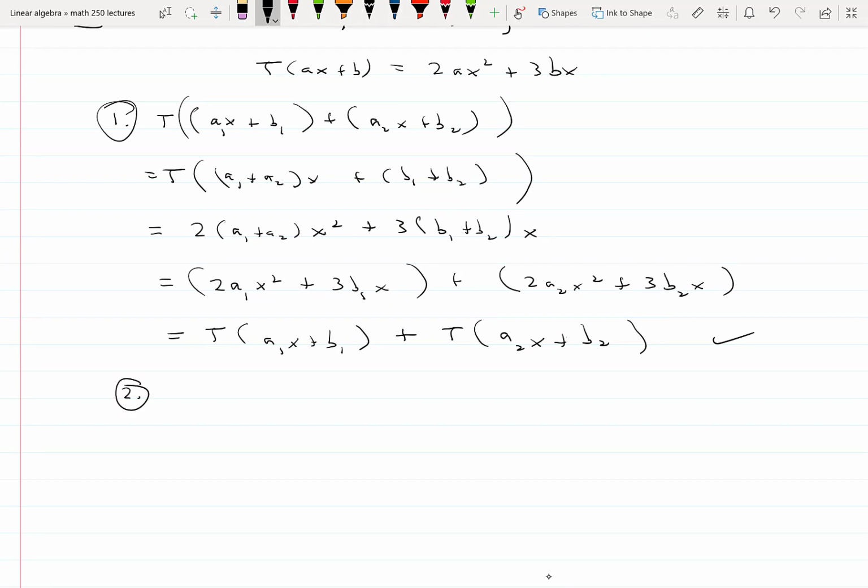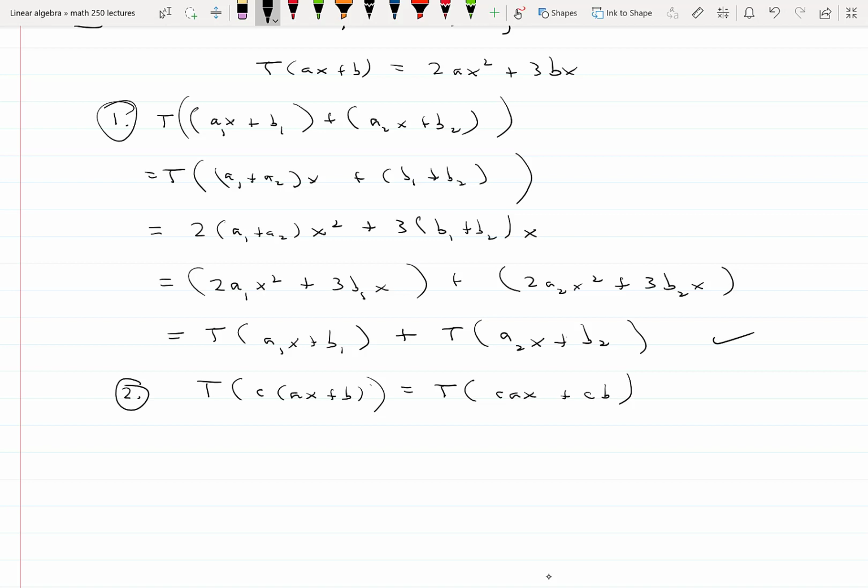So 2. I want to know what T does to CV. C times something in there, ax plus b. You can call it a1x plus b1 or a2x, or just ax plus b, since we're only using one vector. Well, c times ax plus b is cax plus cb.